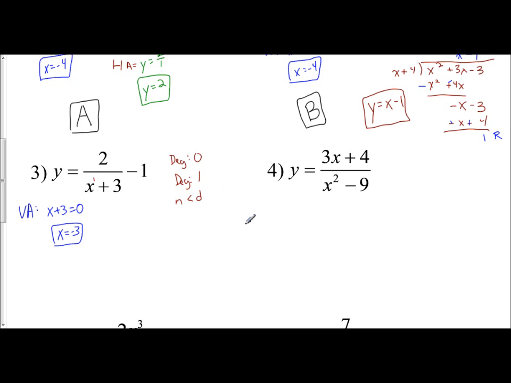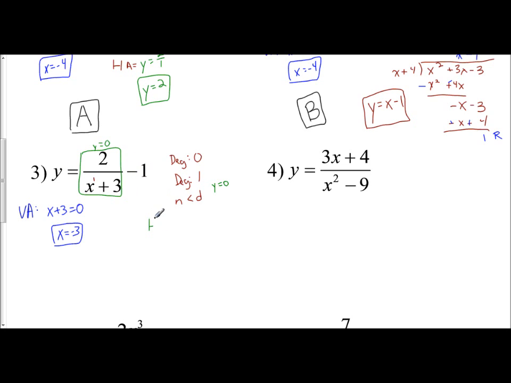I'm going to put this in a different color because that's not our horizontal asymptote by itself. Y equals 0 is the horizontal asymptote of this rational function. I have yet to look at this minus 1. I'm just working with the rational function right now. So y equals 0 is the horizontal asymptote of this. But what I'm doing to this y value of 0 is I am subtracting 1.